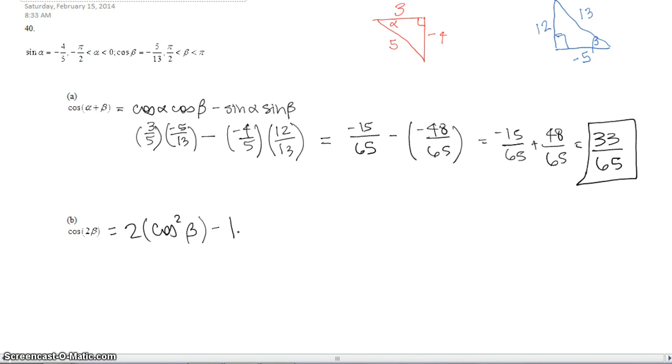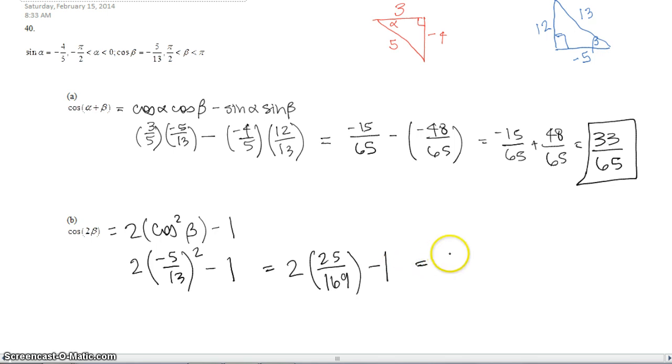So what I'm going to do is plug in cosine of beta into this identity to get the cosine of 2 beta. So this is going to be 2 times the cosine of beta, which is negative 5 over 13, squared, minus 1. And I'm going to simplify that, so that's going to be 2 times 25 over 13 squared, which is 169, I think, minus 1.